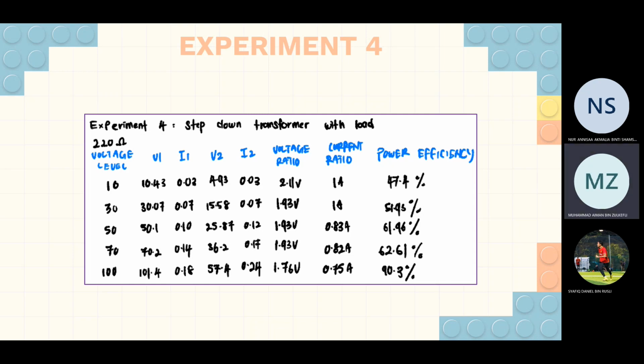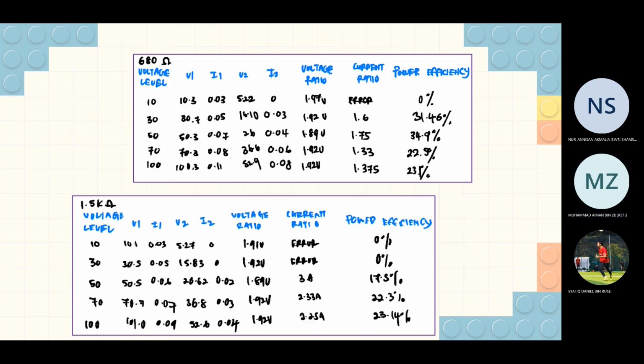For the 100 voltage level, V1 we get 101.4, I1 0.18, V2 57.4, I2 0.24, voltage ratio 1.76, current ratio 0.75, power efficiency 90.3%.